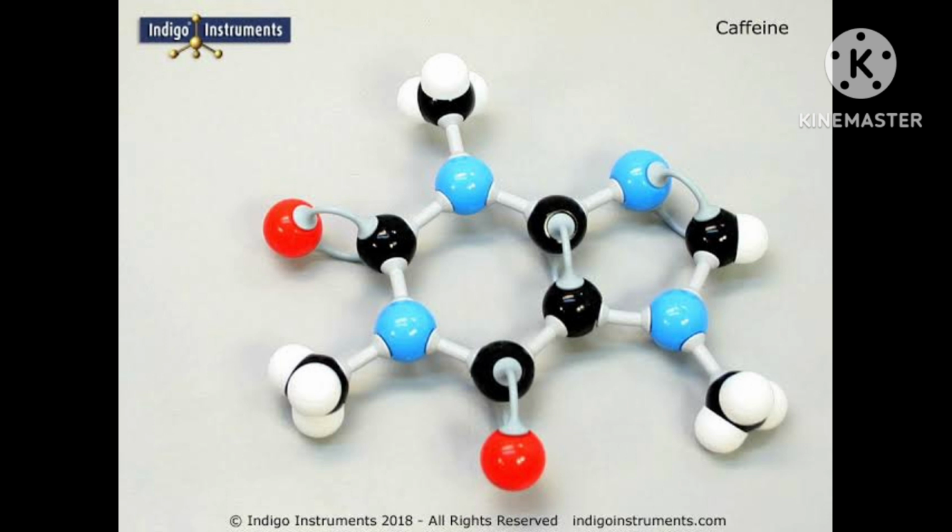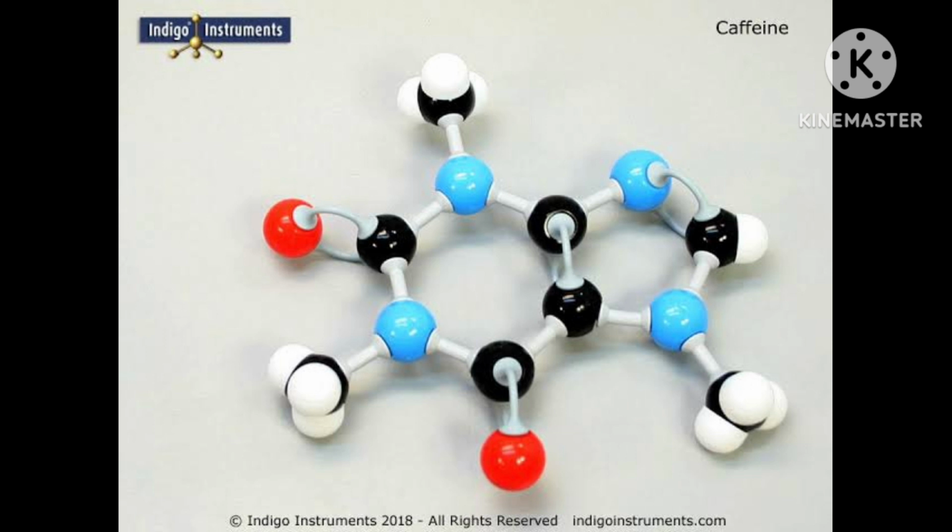That is called the dashed wedge formula.